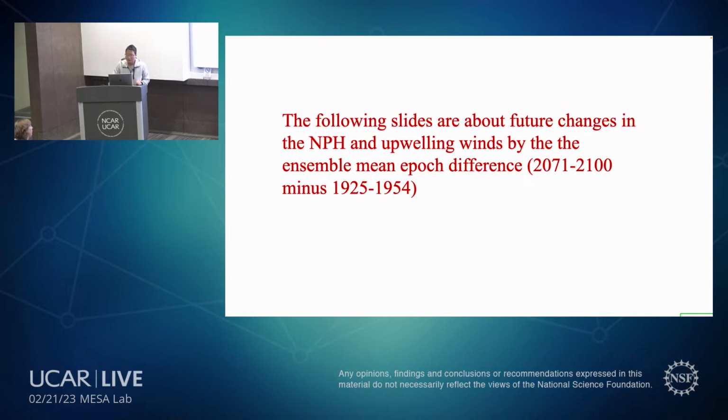And in the following slides, we show some work on future change in the North Pacific high and upwelling winds. This is done by the ensemble mean epoch difference: the last 30 years minus the first 30 years.